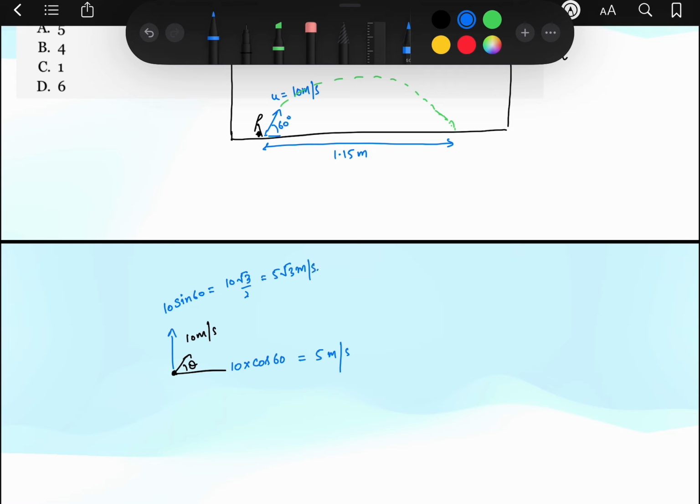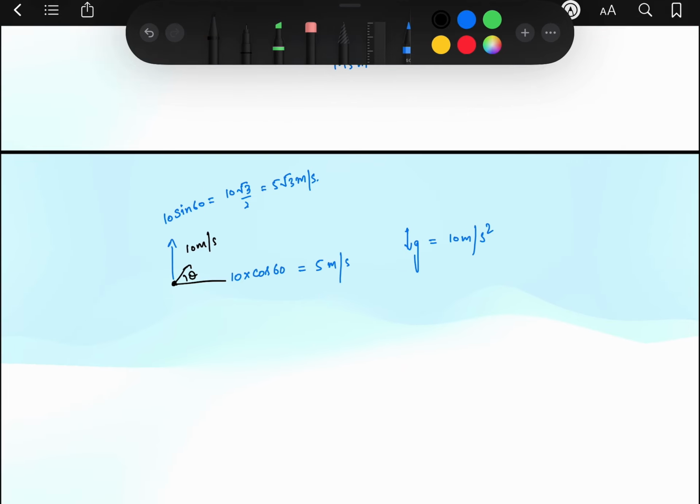Also we know that there is an acceleration acting due to the earth, acceleration due to gravity, that we can take as 10 meter per second square. So for the vertical motion, what is the time period for which the ball remains in the air?